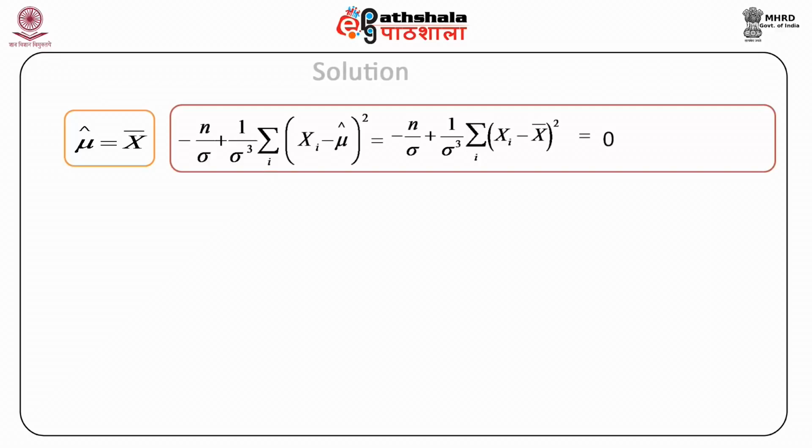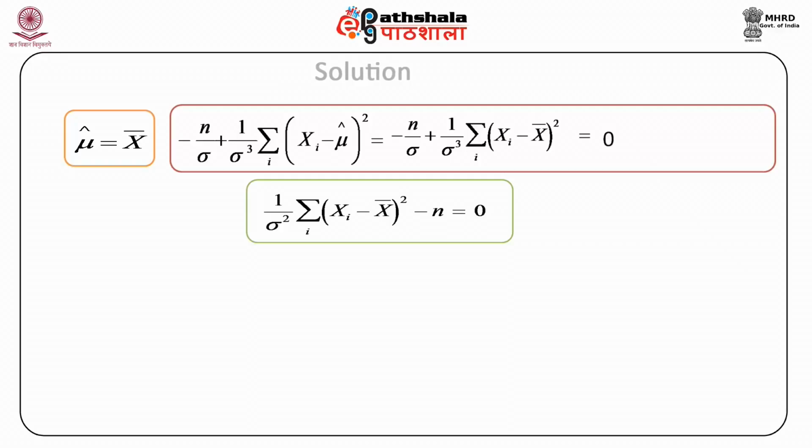Multiplying through by sigma, we have 1 by sigma square into summation (xi minus x bar) whole square minus n equal to 0.